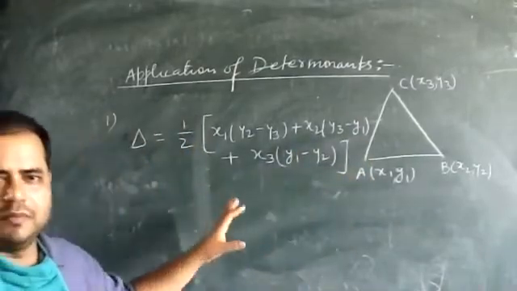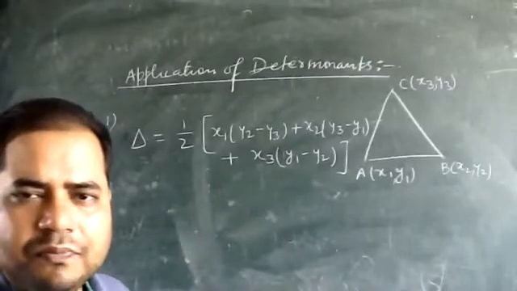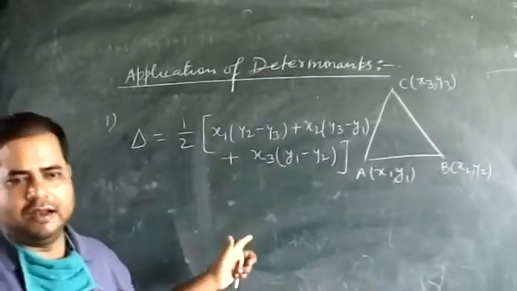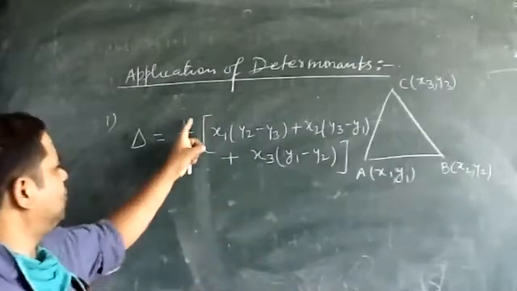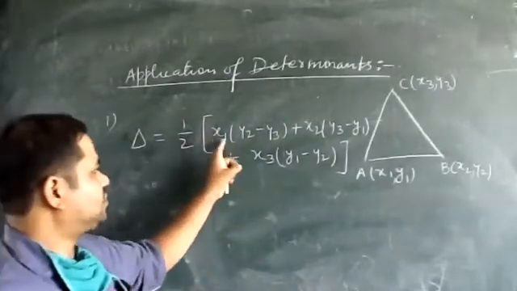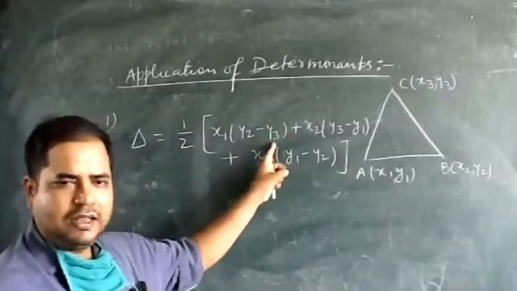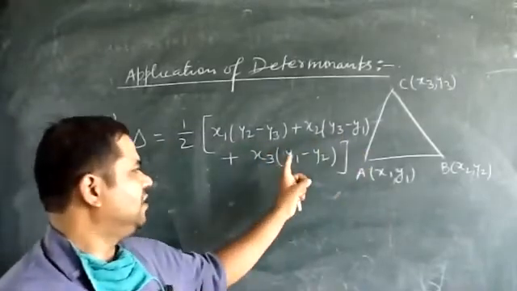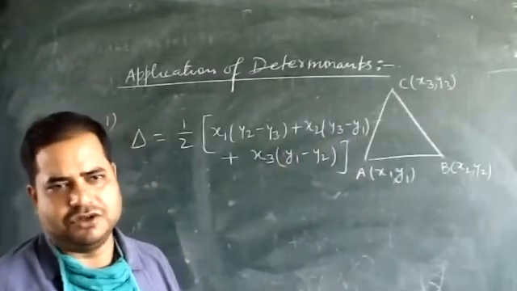You remember this area of a triangle. What is the area of the triangle? Delta equals 1/2 [x1(y2 minus y3) plus x2(y3 minus y1) plus x3(y1 minus y2)].